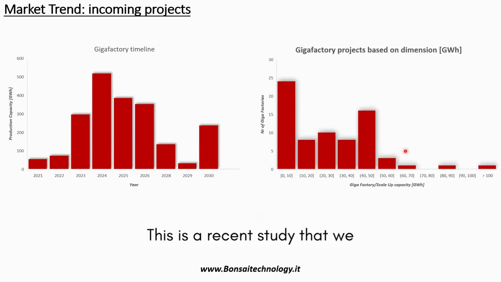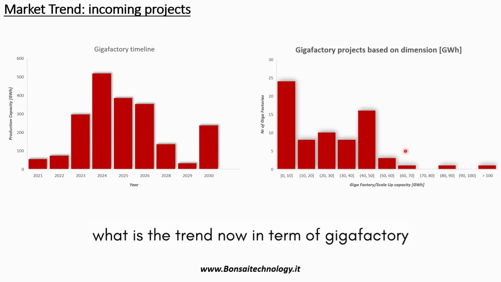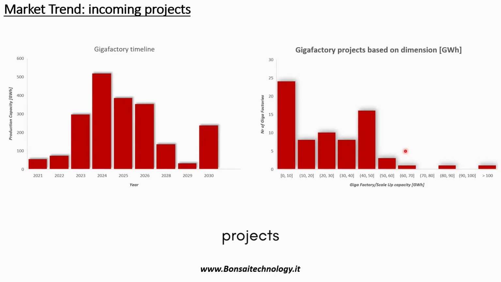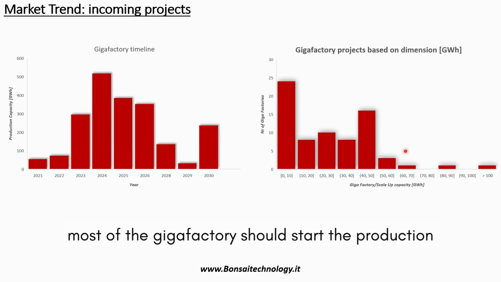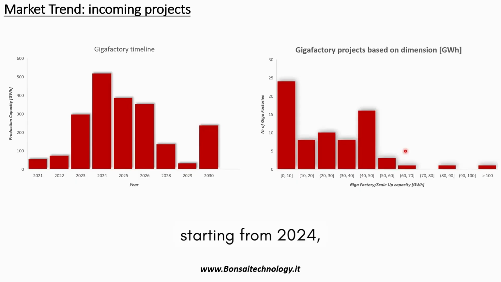This is a recent study that we made personally. We tried to understand what the trend is in terms of gigafactory projects in the next years. Based on the announcements and the official plans, most of the gigafactories should start production from 2024 till 2026.